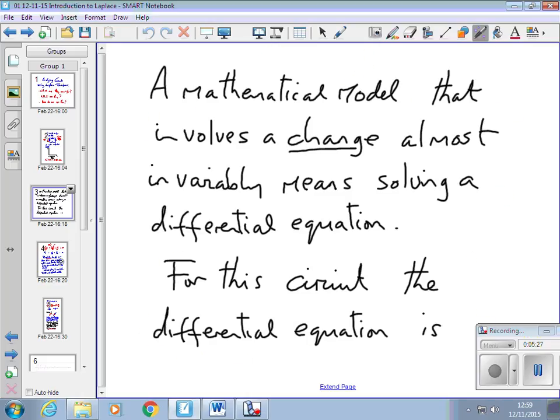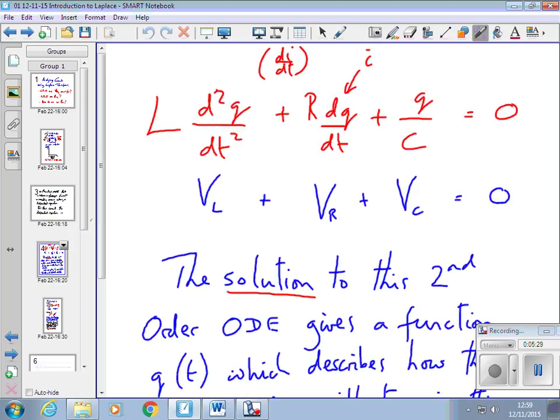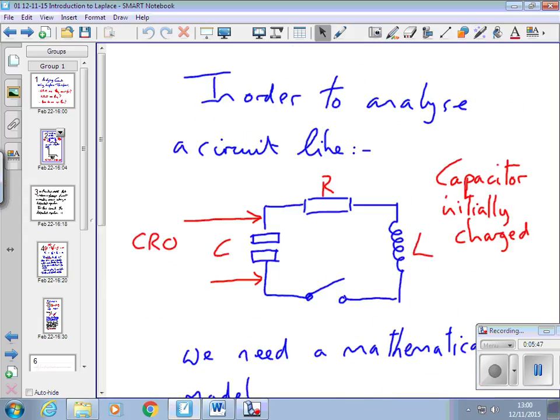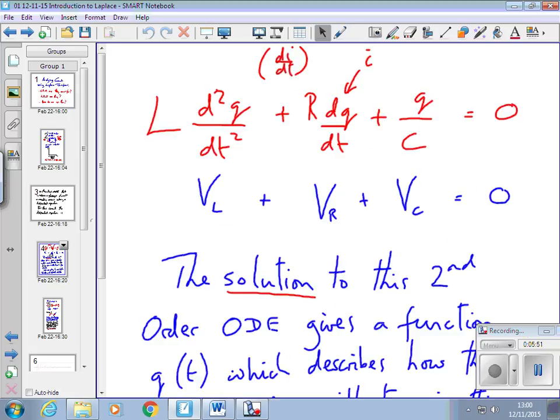For this circuit, this is the differential equation. And I want to have a look at this for a second on the next sheet that you've got. Let's look at this and compare this with the circuit. So I'm going to be switching backwards and forwards between these slides. You might want to have this page available as well as the one we're looking at now.